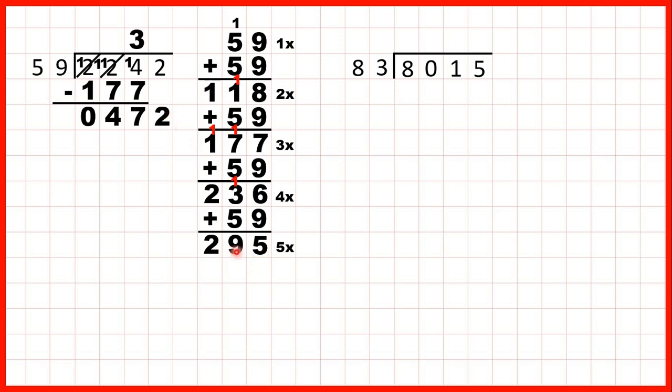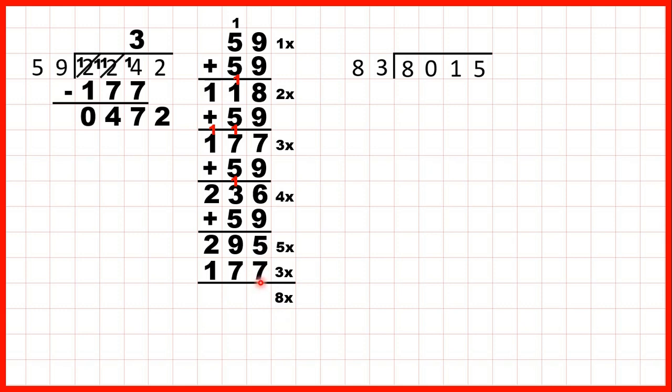So 295 is close to 300, and if we added 177 to that, we get a number close to our answer. So what we can do is take our answer to 3 times and add that to 295. So that will give us the answer to 8 times, because if we add the answer to 5 times and 3 times, we get the answer to 8 times.